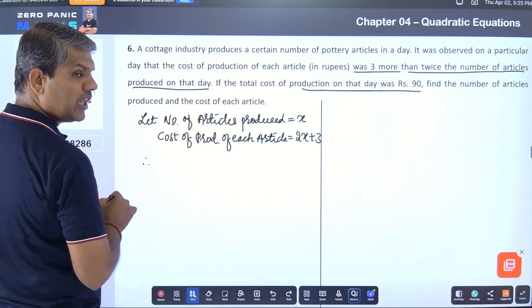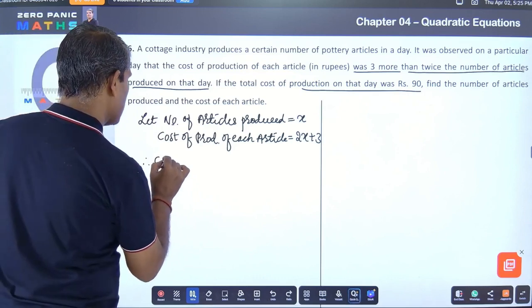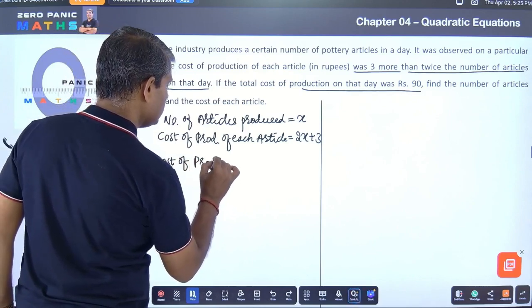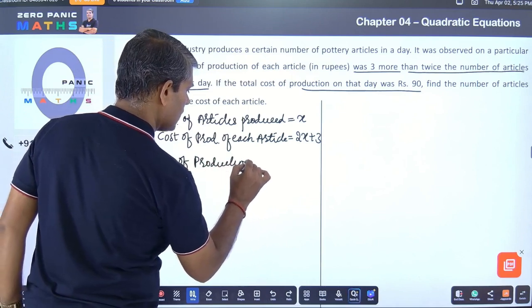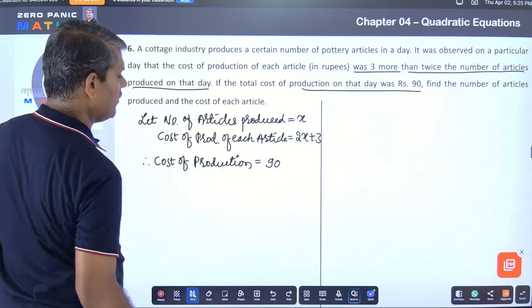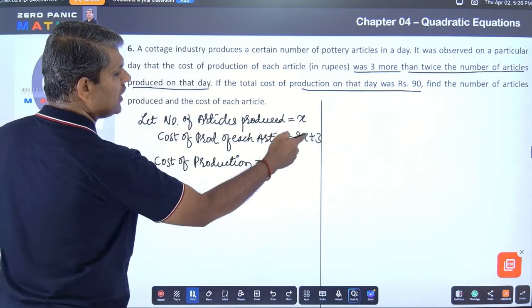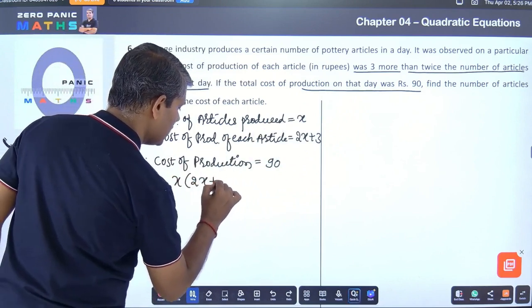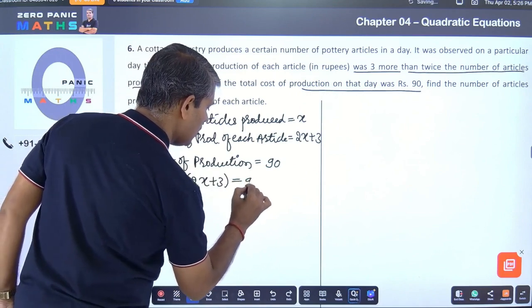Therefore, cost of production is equal to 90. Cost of production they have given as 90. And what is cost of production? x into (2x plus 3) is equal to 90.